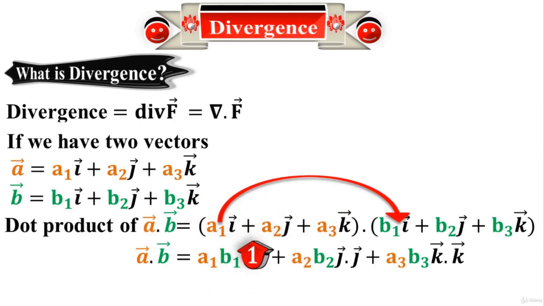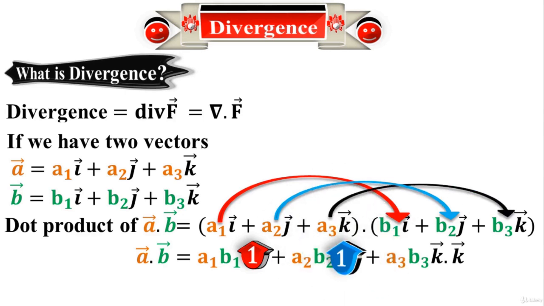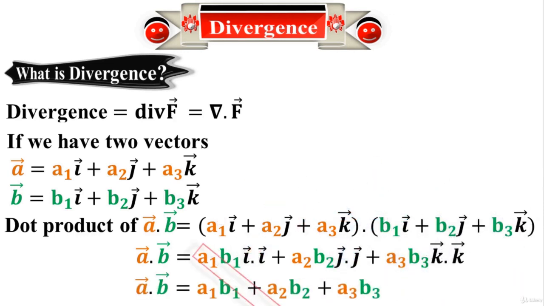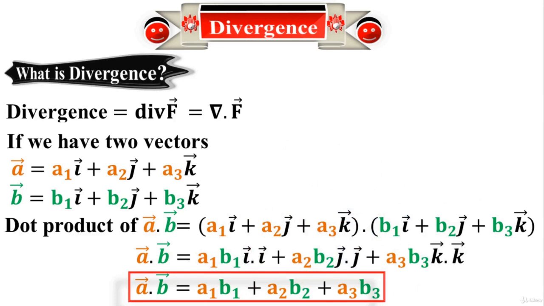This is a mathematical rule. j times j equals 1, and k times k equals 1. So the final value is a sub 1 b sub 1 plus a sub 2 b sub 2 plus a sub 3 b sub 3. It is a scalar quantity. It means that the product of these two vectors gave us a scalar quantity.